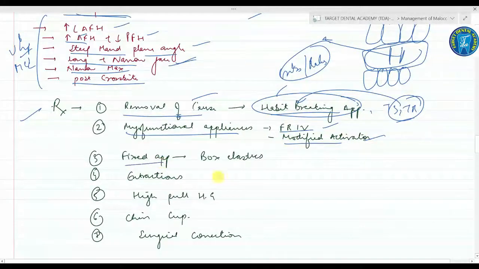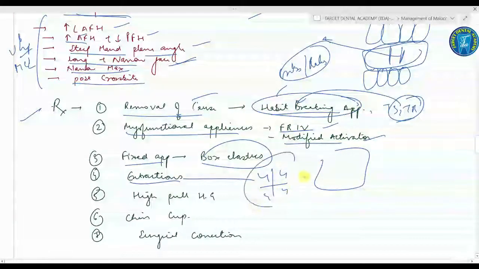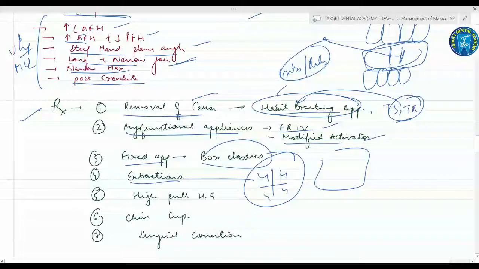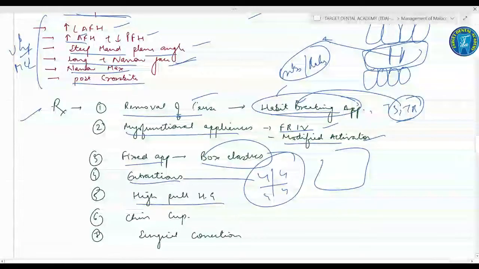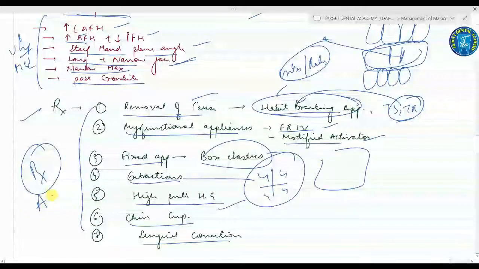In the fixed appliances you will give the box elastics, and you will also do the extraction of all the upper premolars for the correction of the open bite. You will also go for the high pull headgear, the chin cup, and the surgical correction. So these are the treatment modalities for the anterior open bite.